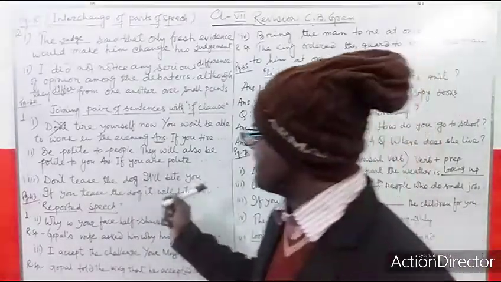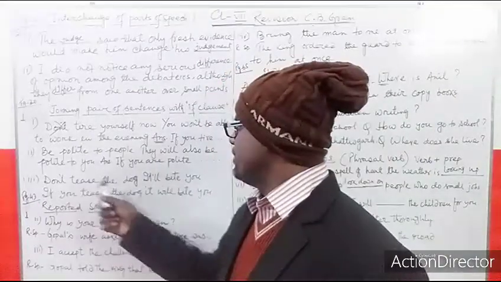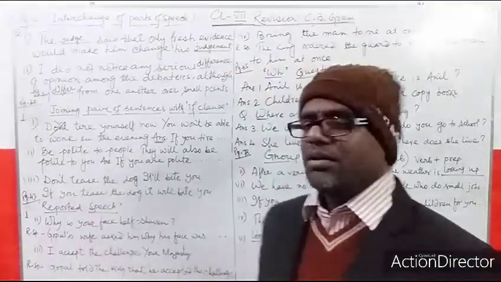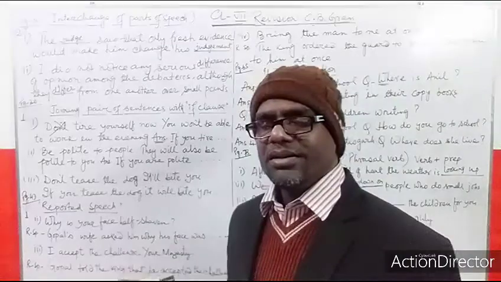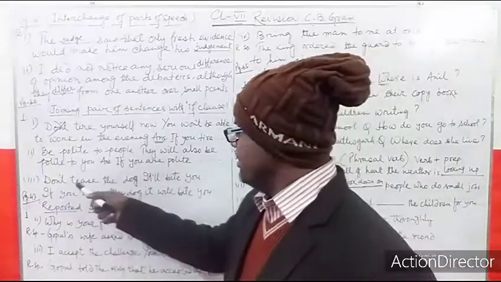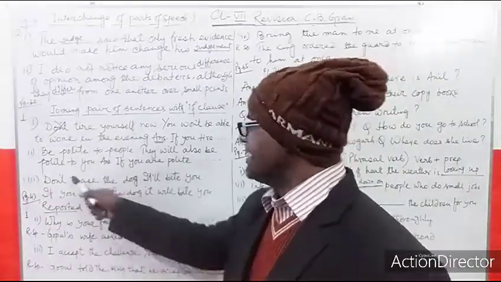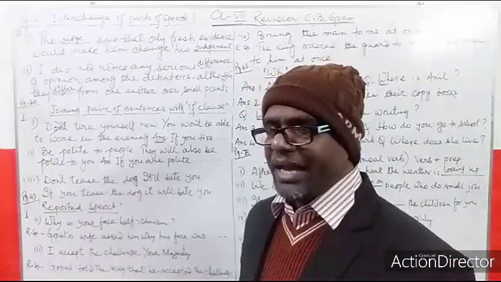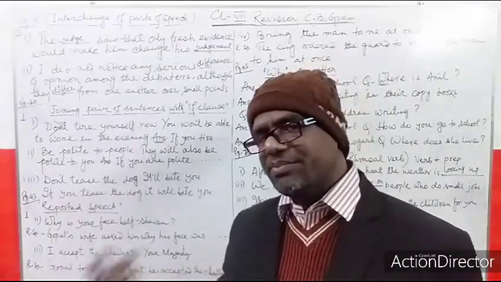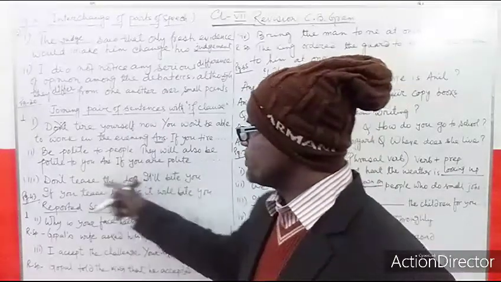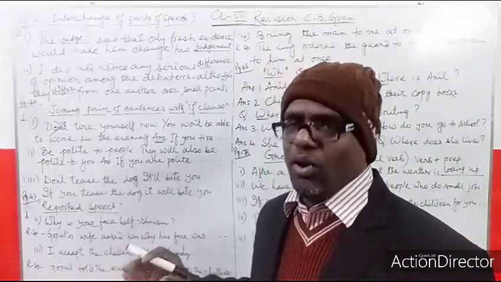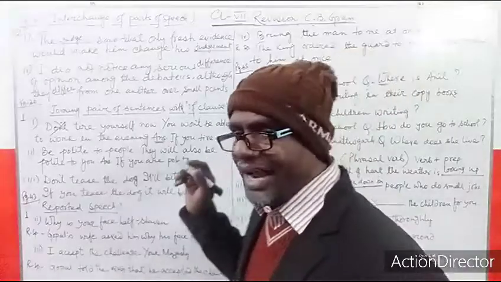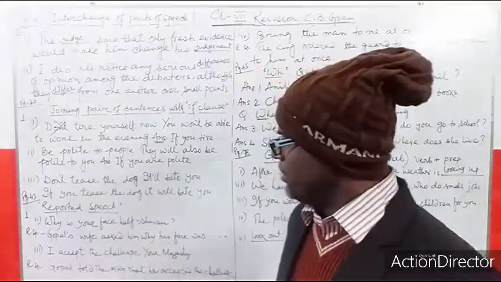So it makes the same meaning as the two sentences told together. Two sentences telling something and one single sentence telling the same thing, but I have joined these two sentences with an if clause. That means adding with if.